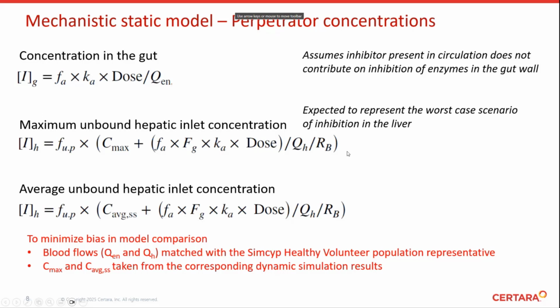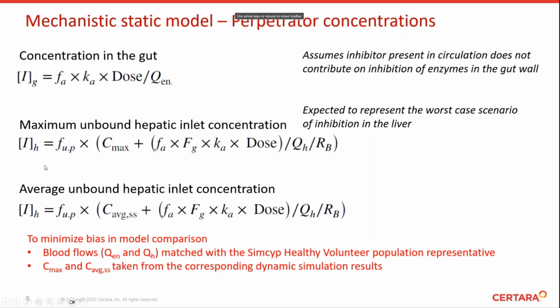We did run all the comparisons with this version of the mechanistic static model, and that is included in the paper, but I will not cover those in detail in this presentation.